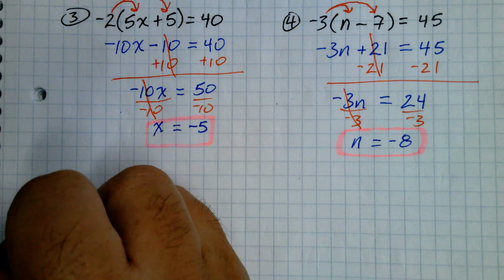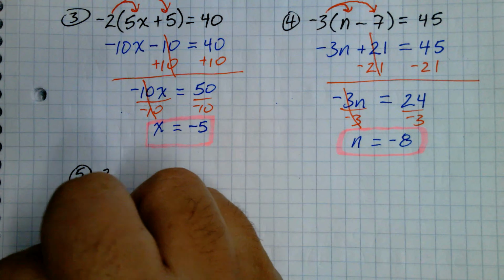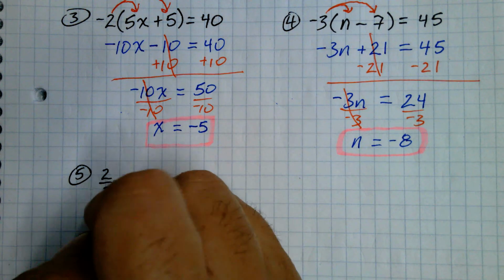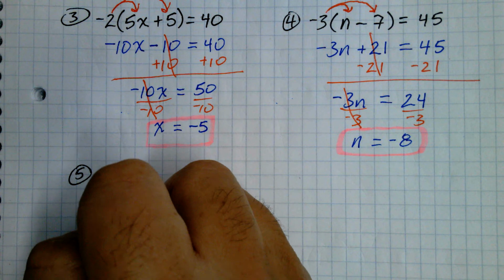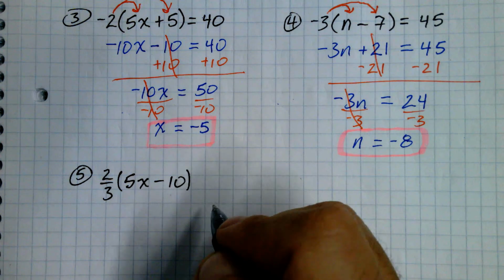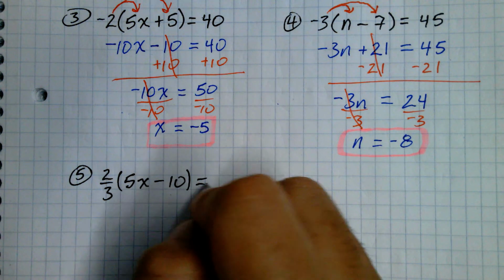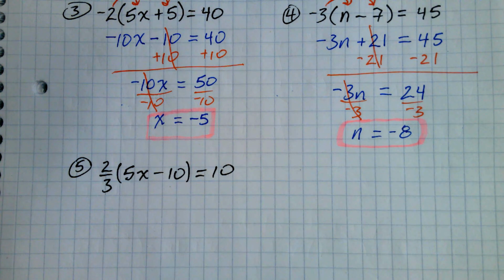I mean, we've done these before, so I don't want you to freak out about it. So let's say we have to multiply by 2/3. And then we have 5x minus 10 that we have to distribute to, and that equals 10. Okay. So go ahead and write that down.